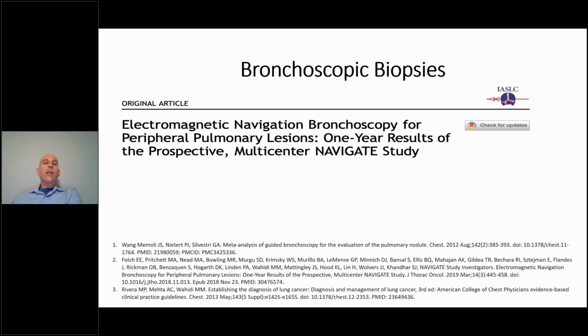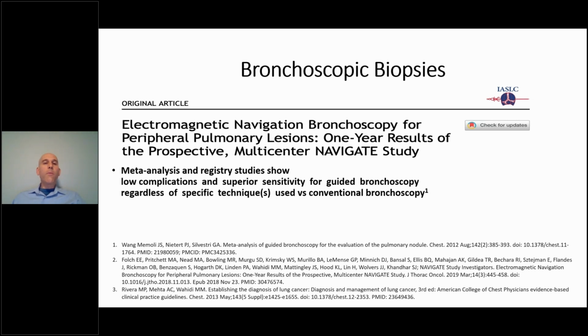So when we look at bronchoscopic biopsies, evidence has shown us over the years, when we look at both meta-analyses and registry studies, that fortunately it's a low-risk procedure in general. Pretty low risk of complication, pneumothorax or pulmonary hemorrhage. And we've shown that when you add a type of guidance, whether it's any modality or combination of multiple modalities, in general, you're going to have higher sensitivity compared to just your traditional conventional bronchoscopy.